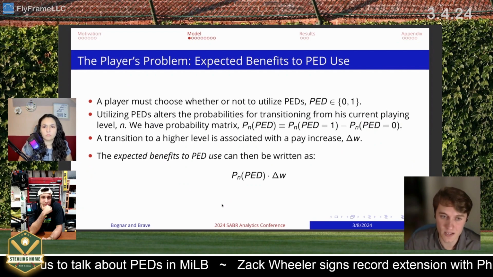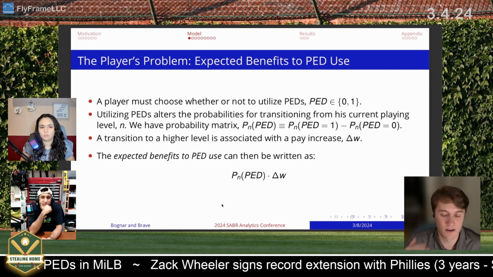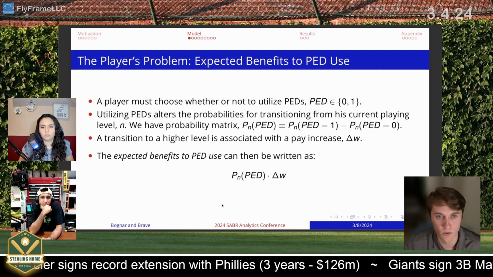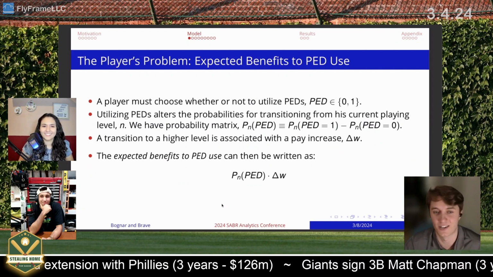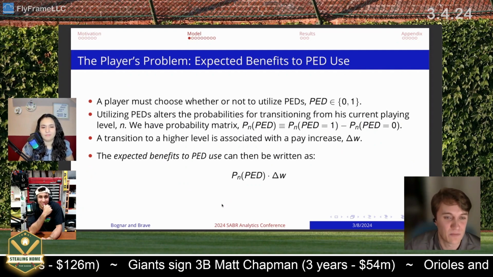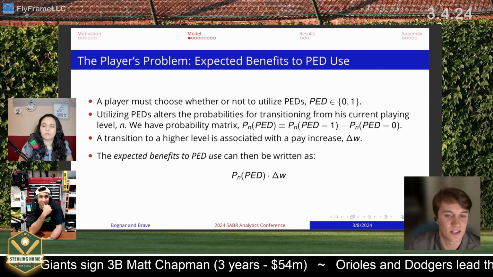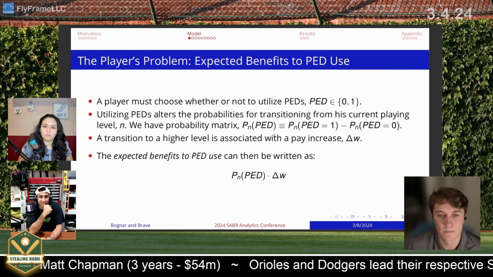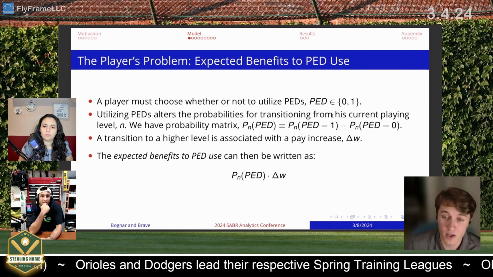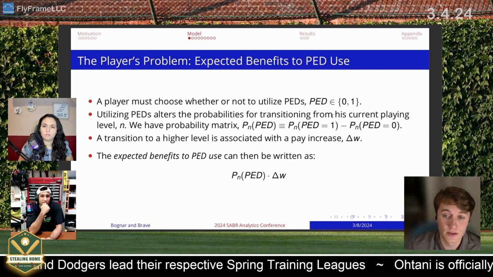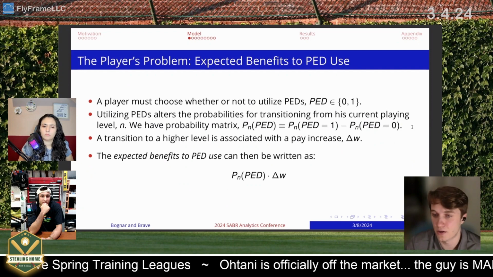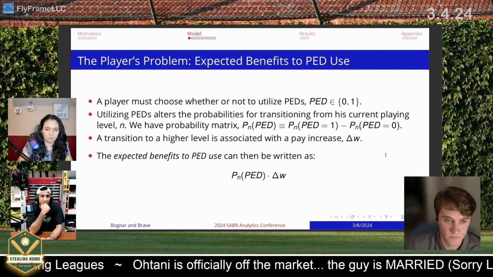Now, why do players use PEDs? Players are using PEDs, obviously, to alter their transition probabilities, or in normal people speak, they're just trying to get to the next level. A way that we can mathematically model this is to simply take the difference in transition probabilities, which are through this probability matrix: the probability that you're promoted to the next level utilizing PEDs minus the probability that you're promoted without utilizing PEDs.